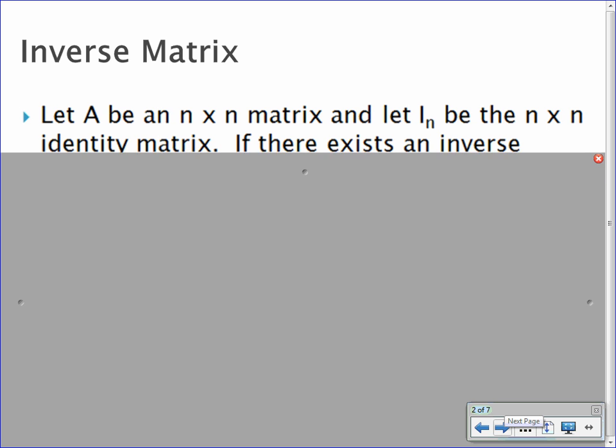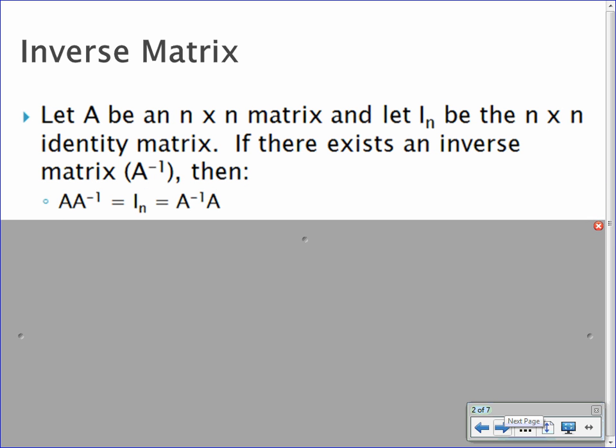So when we talk about an inverse matrix, when you multiply it by A, you get the identity back. Kind of like real numbers, 2 times 1/2 is 1. I take a matrix times its inverse, and we get the identity matrix. Notice we're still working with square matrices.